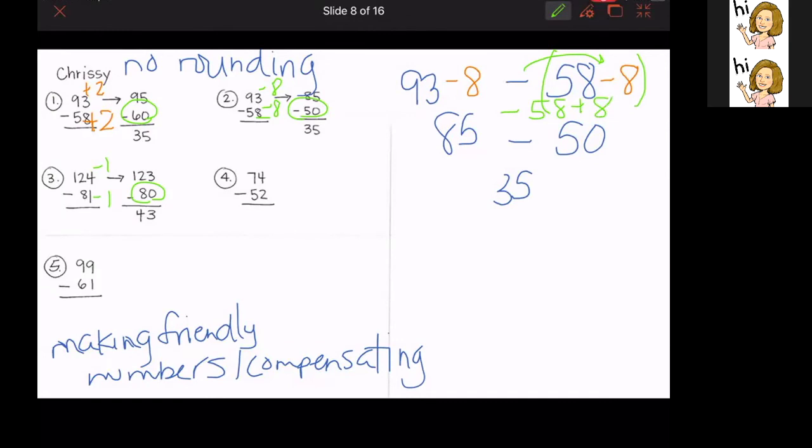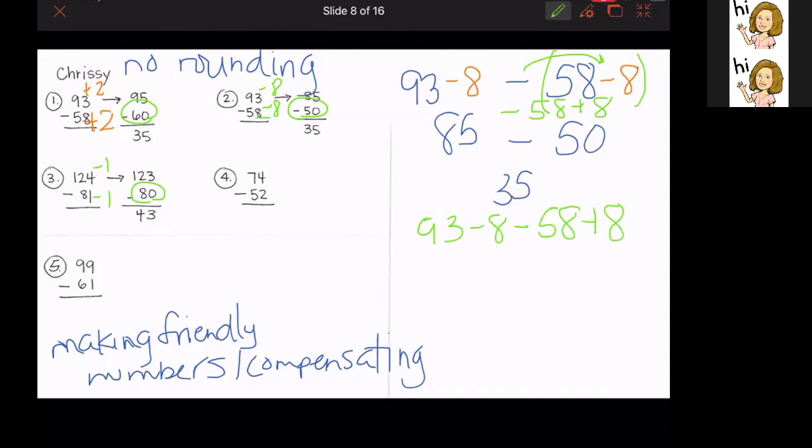So if we wrote it out, it would be 93 minus 8 minus 58, but then plus 8, right? Because this 8 is making this 58 less negative, if we think about this positive and negative idea.